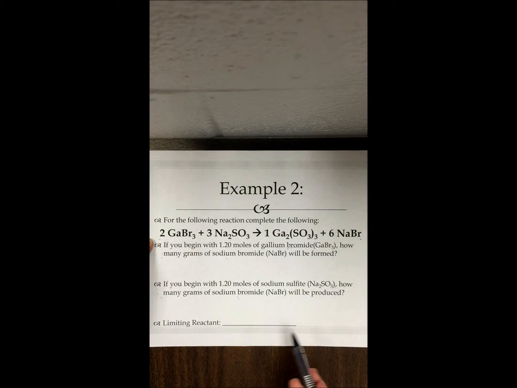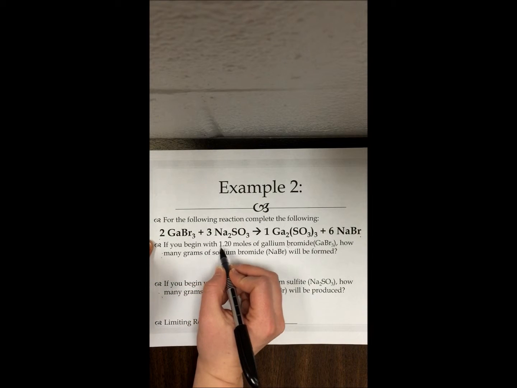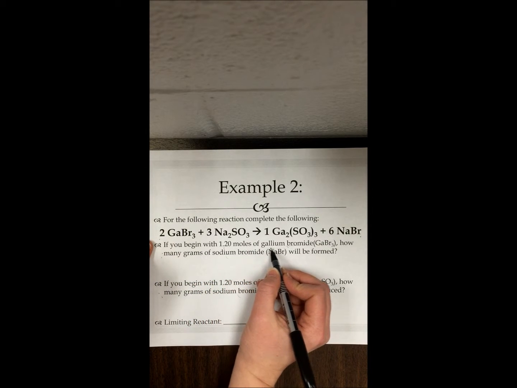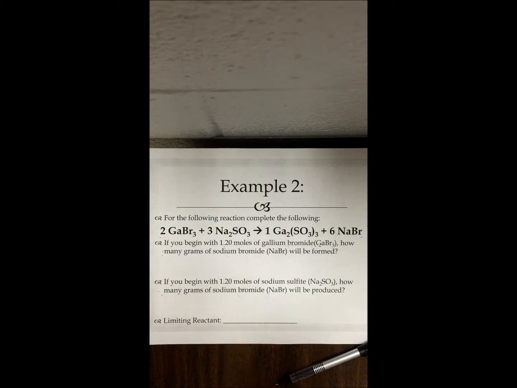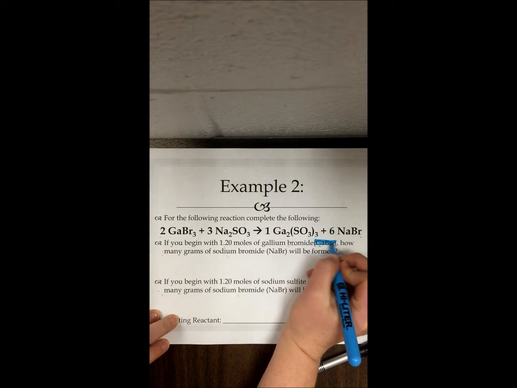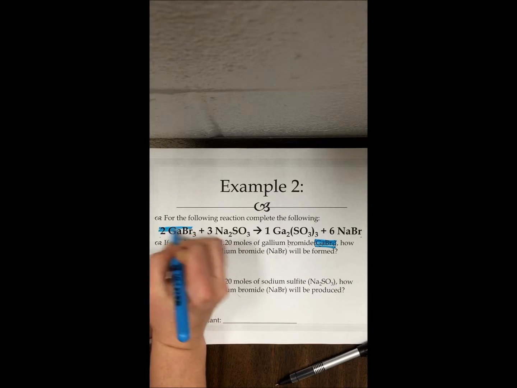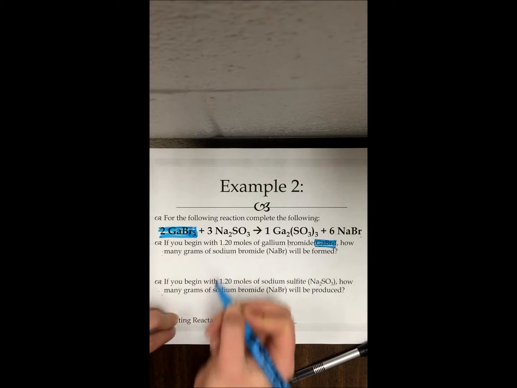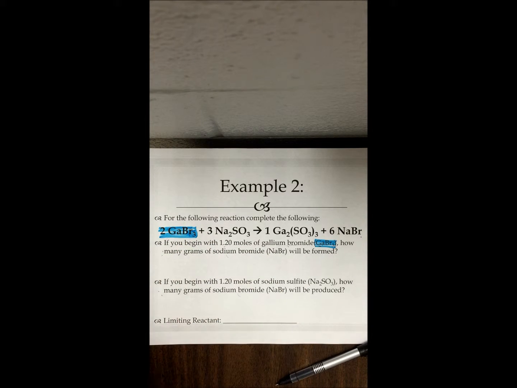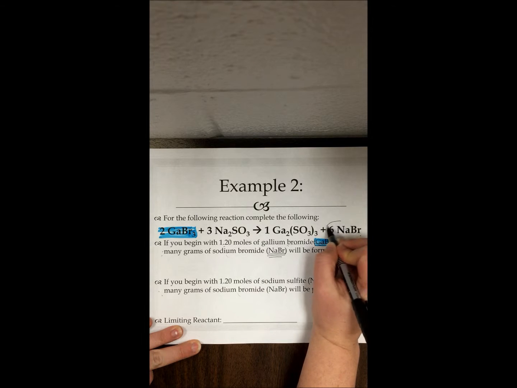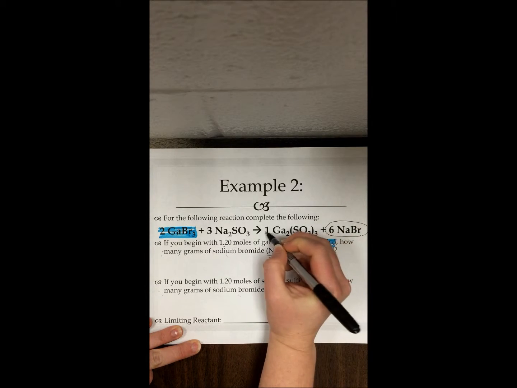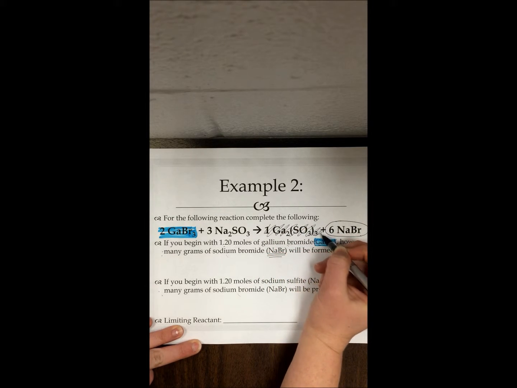So if you notice this one, it says if you begin with 1.20 moles of gallium bromide, that's our GaBr3. So I'm actually going to highlight this one here. That's going to be my first reactant I'm going to do. And it's asking us how many grams of sodium bromide will be formed. So we're going towards this product, so I'm going to cross out the other product.